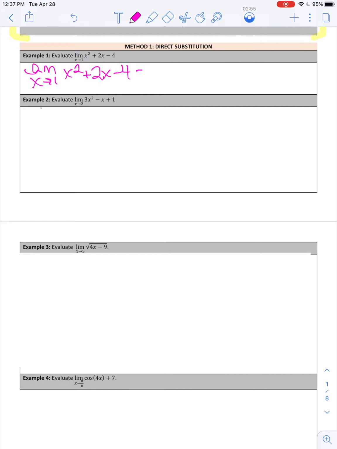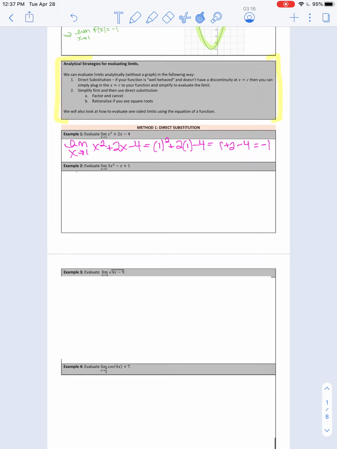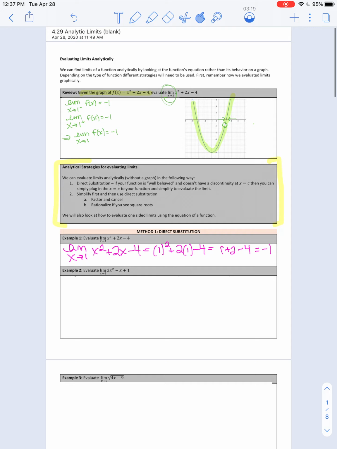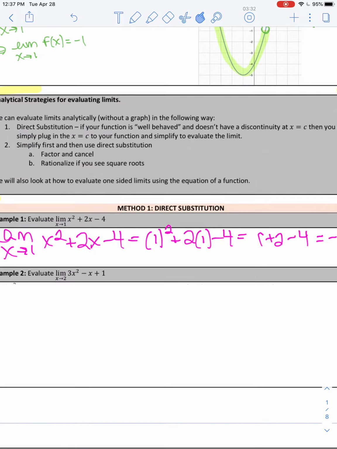If I go ahead and just plug in that value of c for x, I'm looking at 1 squared plus 2 times 1 minus 4. When I simplify that, I get 1 plus 2 minus 4, which equals -1. And you can see that that matches what we found above in the graph. We were given the same function, asked to evaluate the limit graphically, and then we just did so analytically using direct substitution down here.